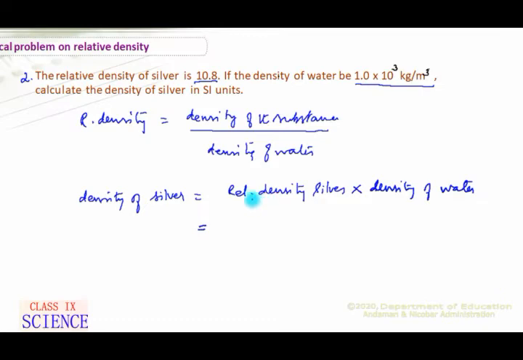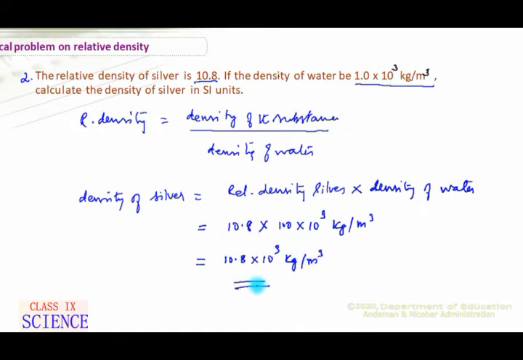So the relative density of silver is given as 10.8 multiplied by the density of water, which is given as 1.0 into 10 to the power 3 kg per meter cube. Upon solving this, what will we get? We will get 10.8 into 10 to the power 3 kg per meter cube.